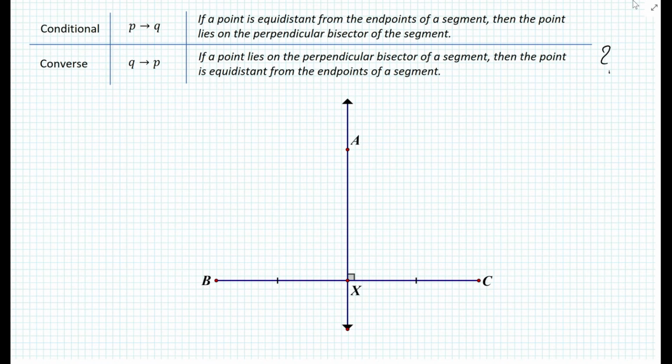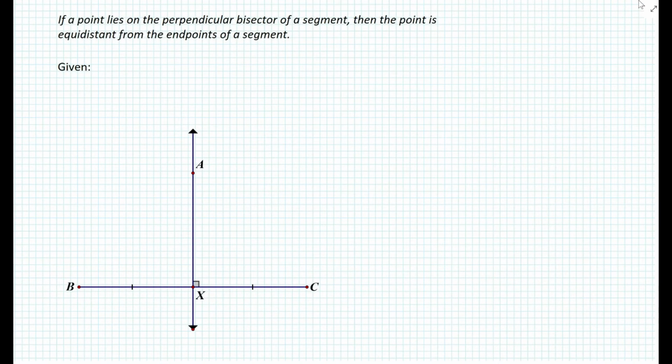So let's say that here we have the following diagram. We know that point A lies on the perpendicular bisector of that segment. So the question is, is A also equidistant to B and C? Well, let's prove it. Now, in proving this, first we want to write out what is given and what we're trying to prove here. So the given is usually the hypothesis.